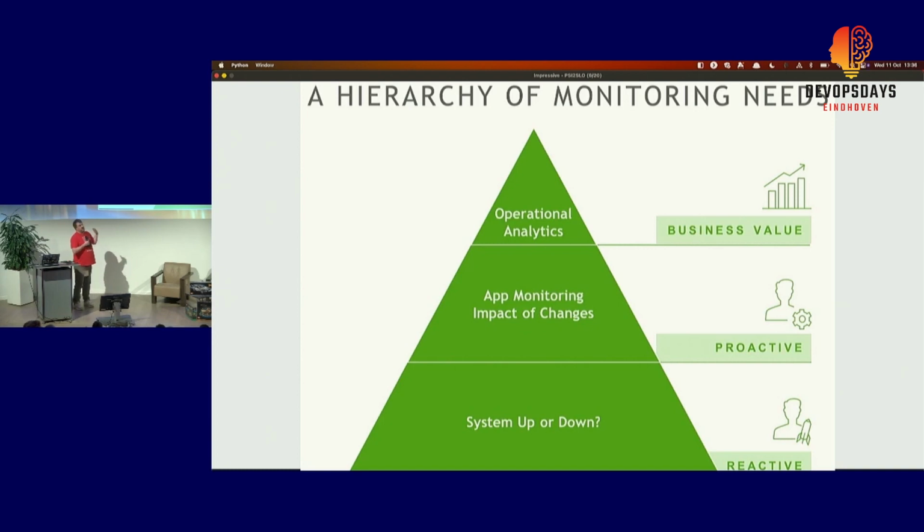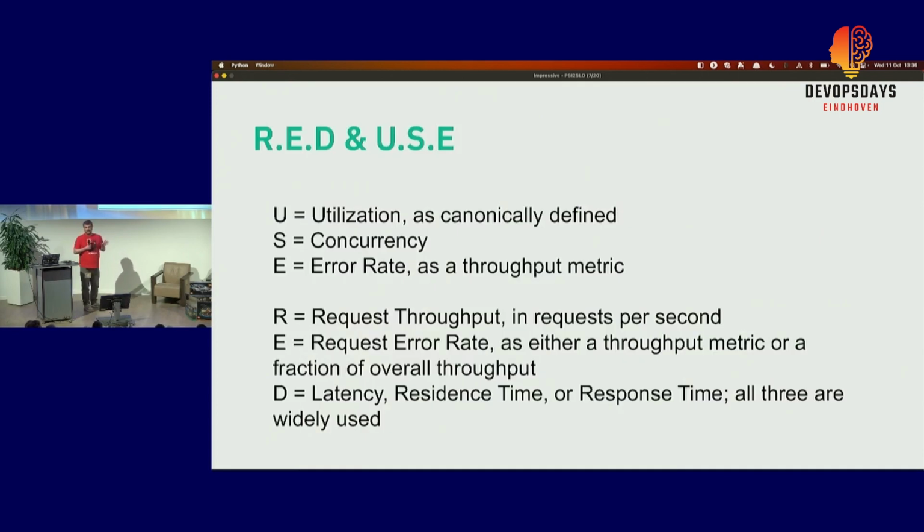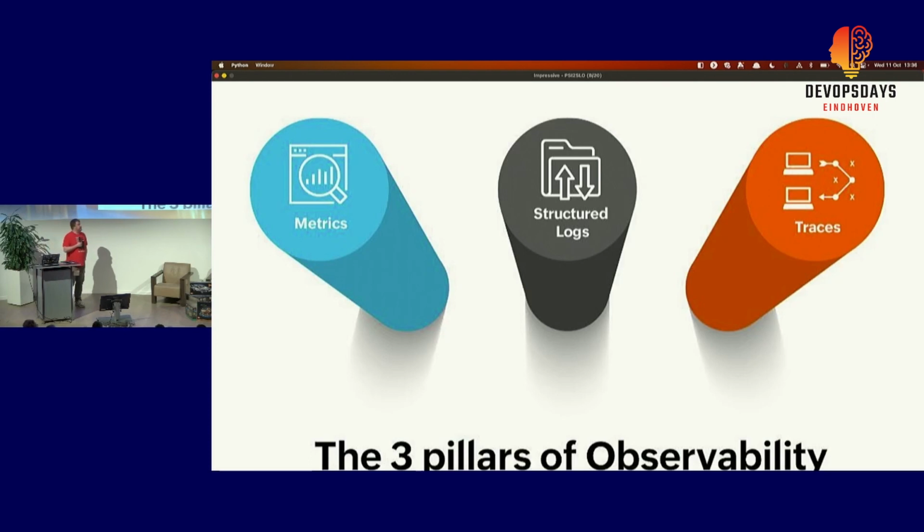Is the system up or down? He didn't actually know if the users were impacted or not. He only knew CPU was below 80. Or we tried to get a bit smarter. We used to do the RED or the USE metrics, depending on which school of thought you came from. That's basically, we tried to get into getting usable metrics.